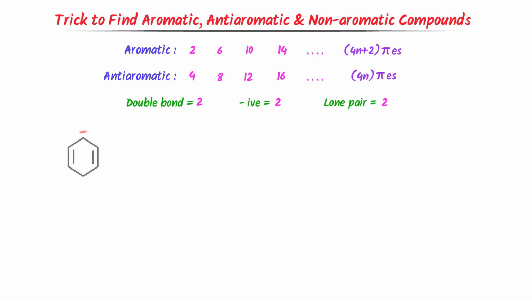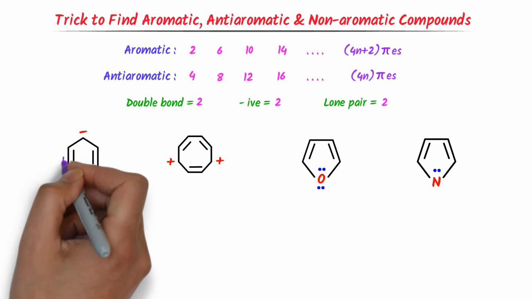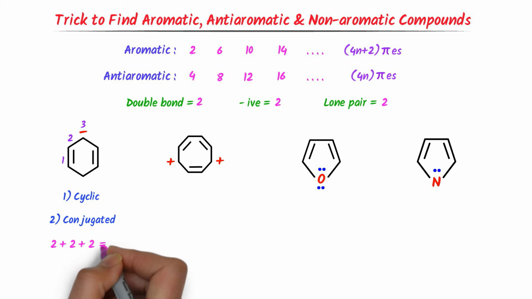Now consider these organic compounds. We can see that this organic compound is cyclic. It is also a conjugated organic compound. This organic compound has 2 double bonds. I write 2 plus 2. For this negative charge, I write 2 electrons. Now 2 plus 2 plus 2 is equal to 6 electrons. We know that 6 electrons means aromatic compound.